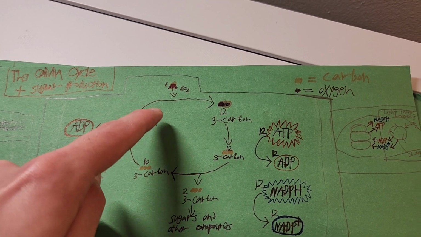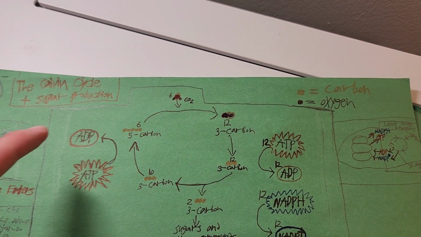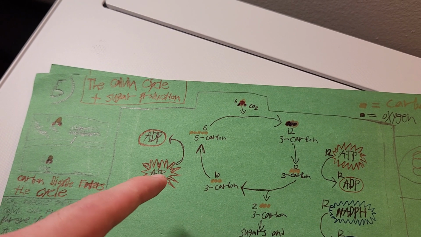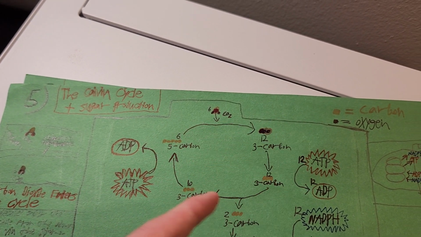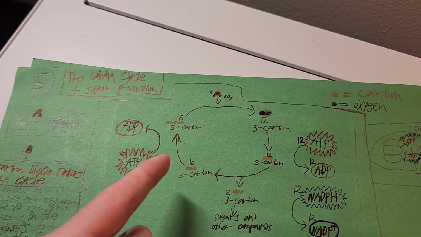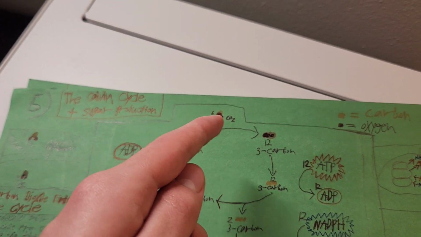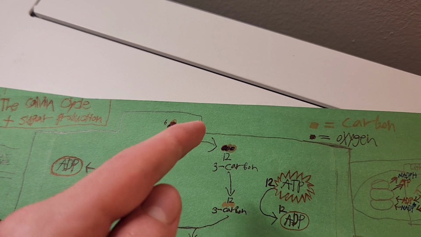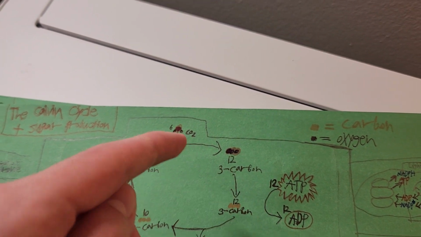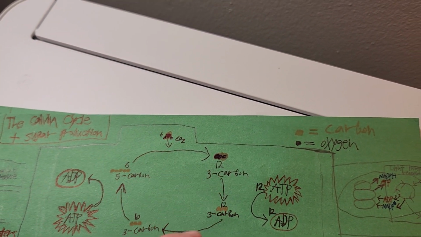This CO2 then mixes with some remaining 5 carbon molecules which are left over after the previous rotation of the cycle. These 6 5 carbon molecules and these 6 CO2 molecules will combine and at the same time be broken apart to form 12 3 carbon molecules.